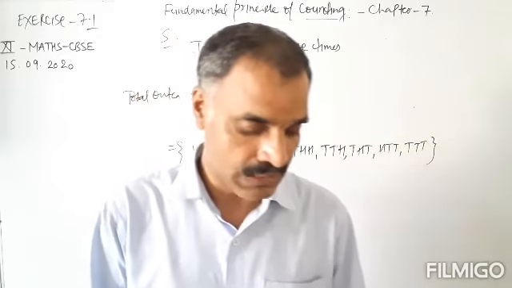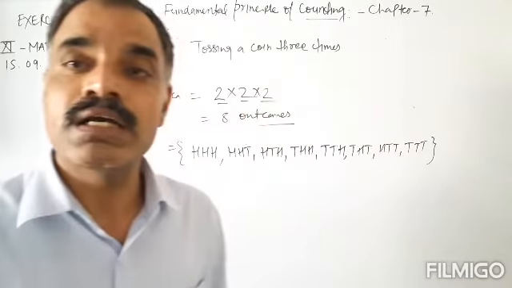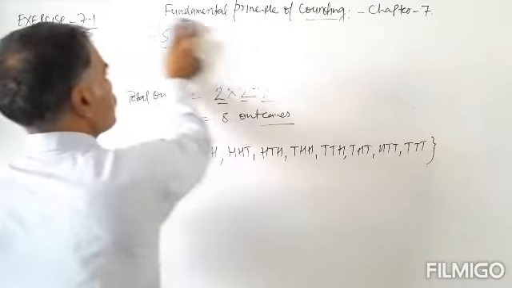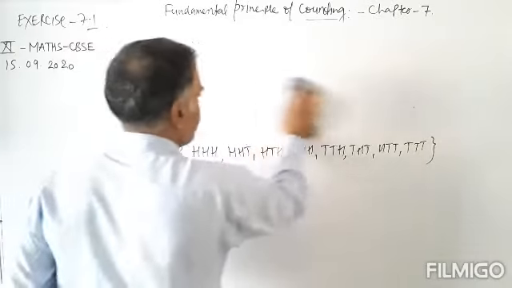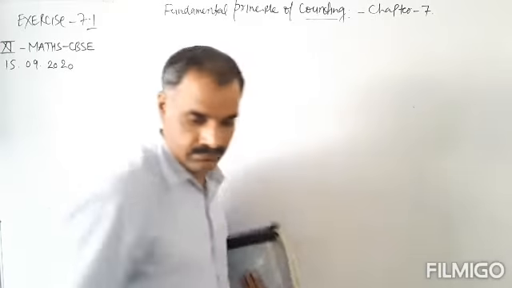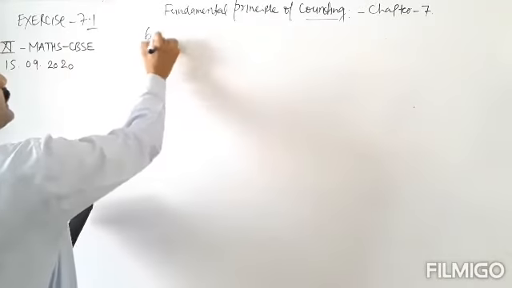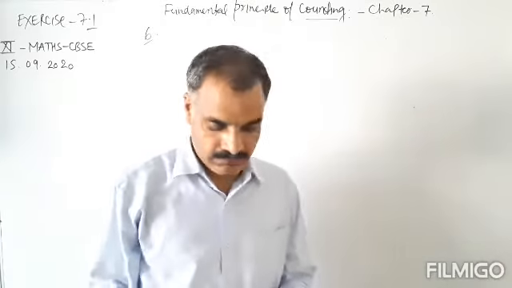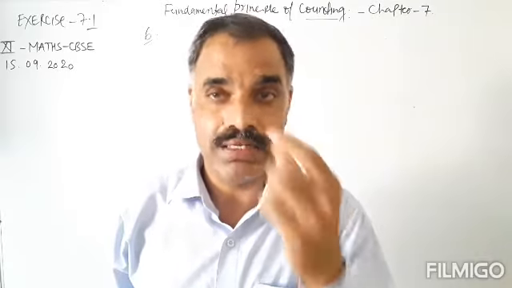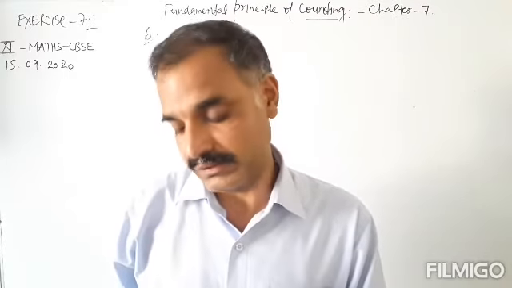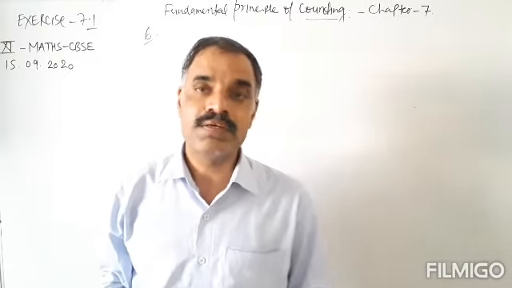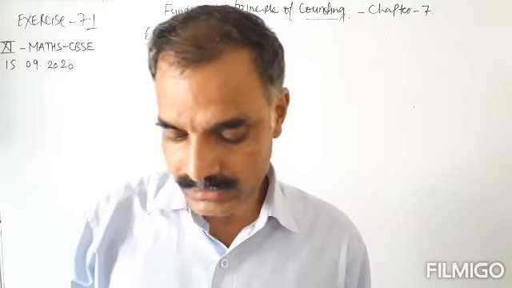Now we have the last question, number 6 of exercise 7.2. Given 5 flags of different colors, how many different signals can be formed or generated?